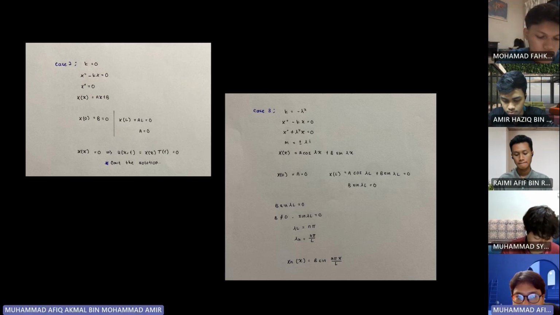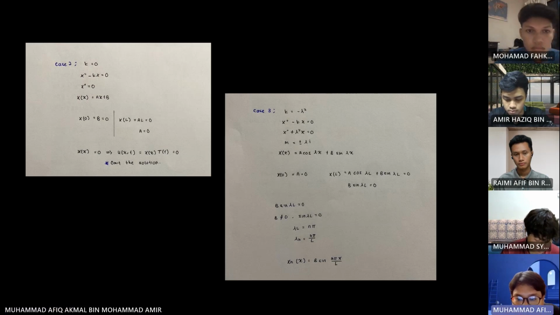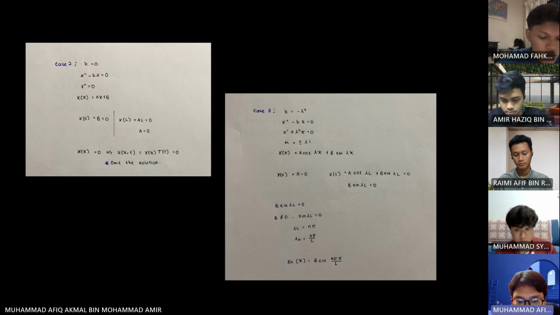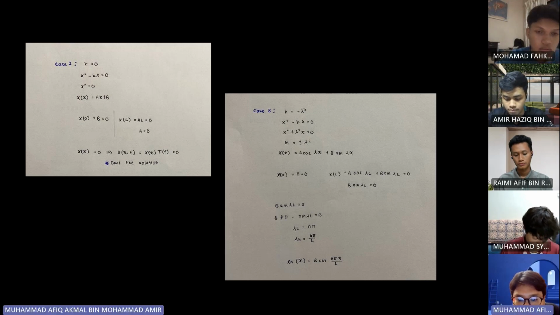Then we use the boundary condition. Then we get X(0) equal to A equal to 0, and X(L) we get B sin lambda L equal to 0. And then B cannot equal to 0. So we use sin lambda L equal to 0.